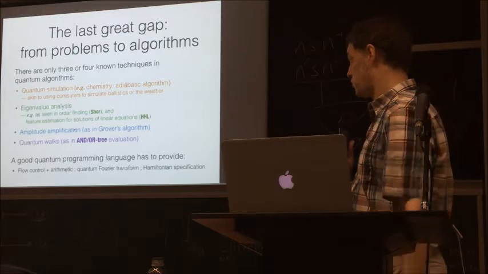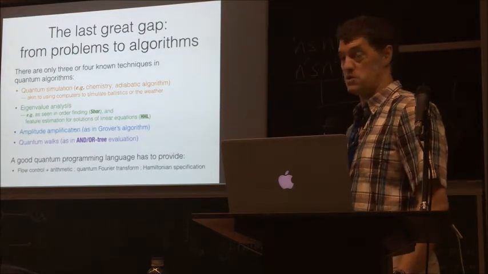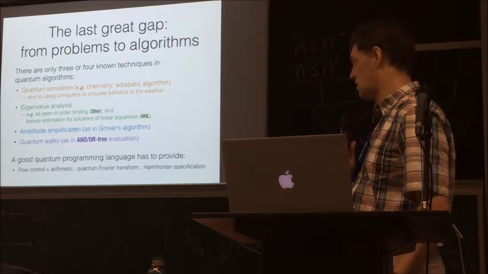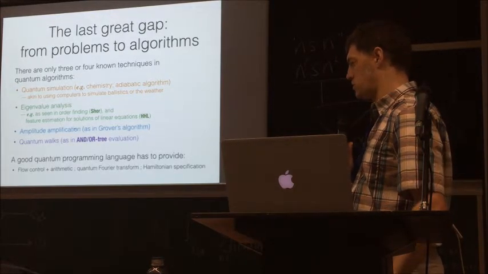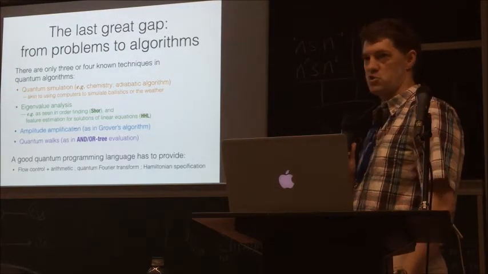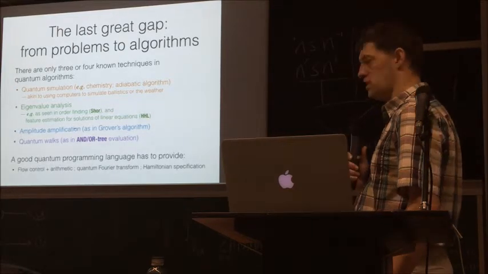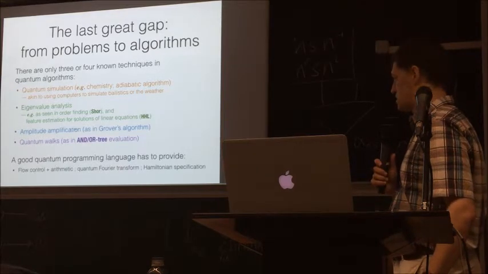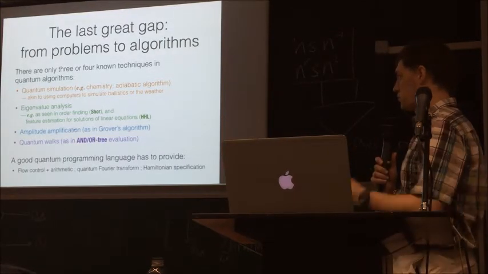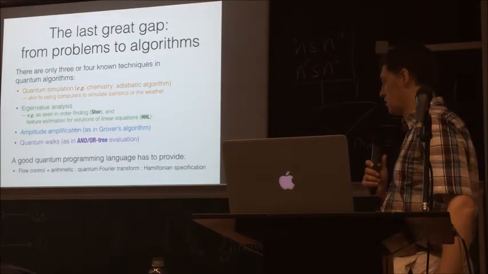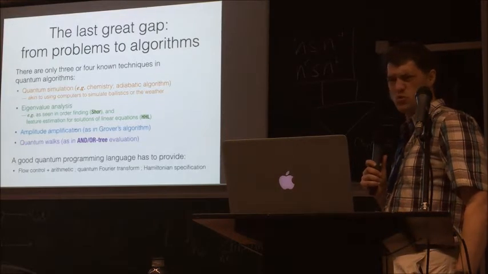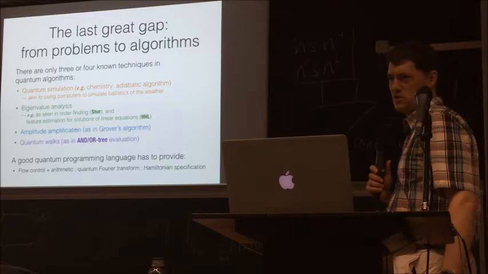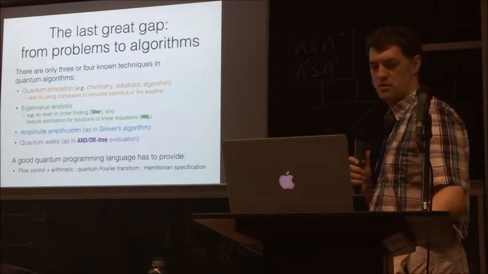You're going to want the quantum Fourier transform because it's the one trick that we know is useful, for example, for order finding, for eigenvalue analysis. Most people think that quantum computing more or less consists of the Fourier transform. It's certainly not right, but it's not entirely wrong. So you're going to want that. And you want a way to specify Hamiltonians, for example for quantum simulation, which is different from saying precisely what you do with those Hamiltonians, but you'll want some sort of Hamiltonian data structure that you can make use of somehow.